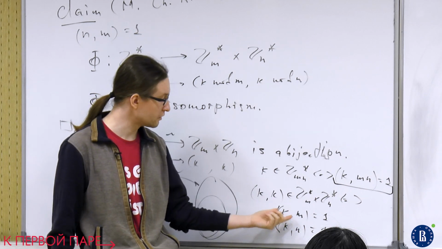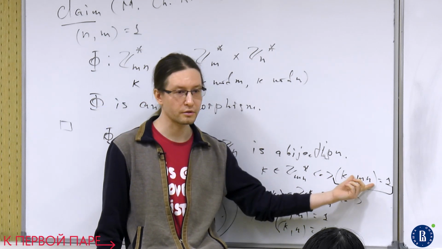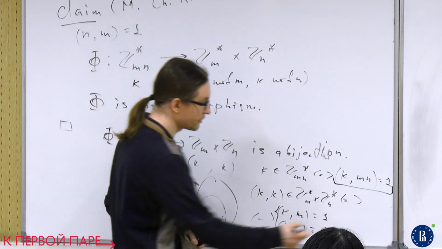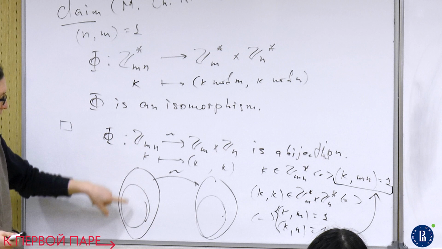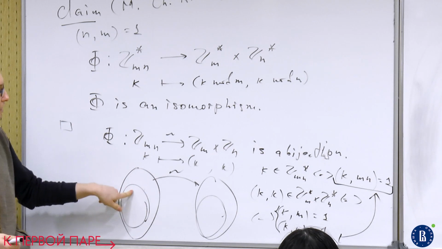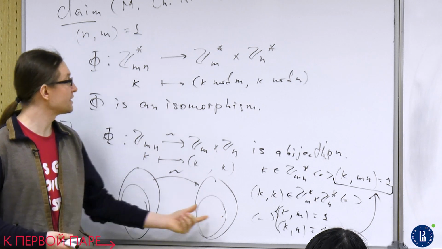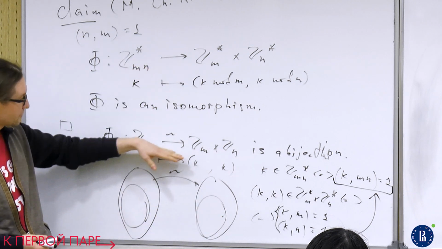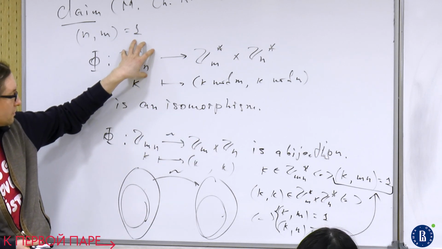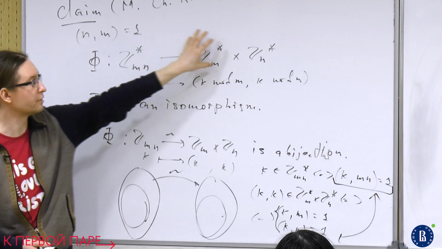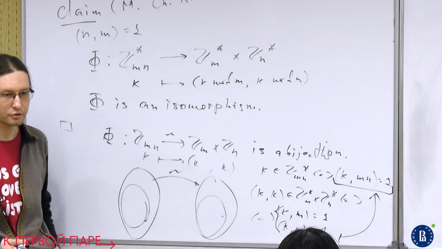If there is no common factor between k and m and n, there is no common factor between k and the product. So these two conditions are equivalent. That's why the element k belongs to this subset if and only if this pair belongs to this subset. This simply says that if you restrict this map to this subset, you will get a bijection between these two subsets. So this is how it can be proved using this bijection.